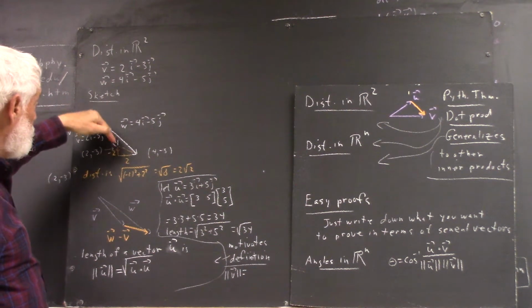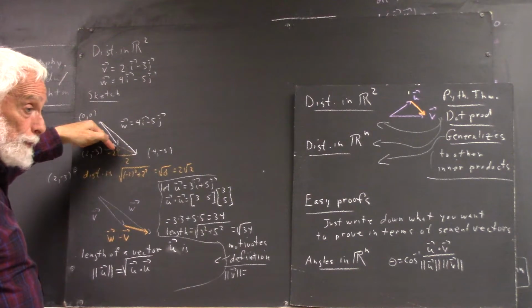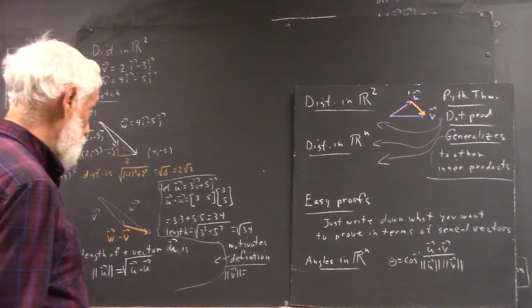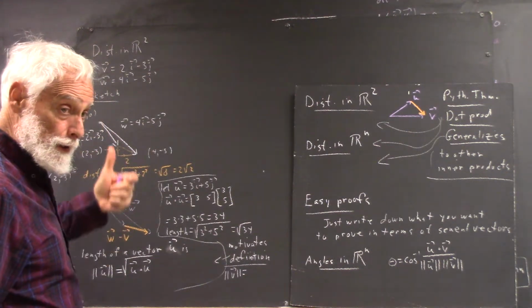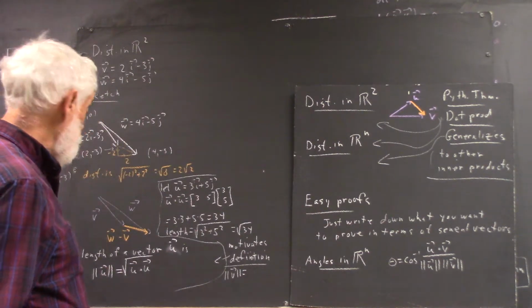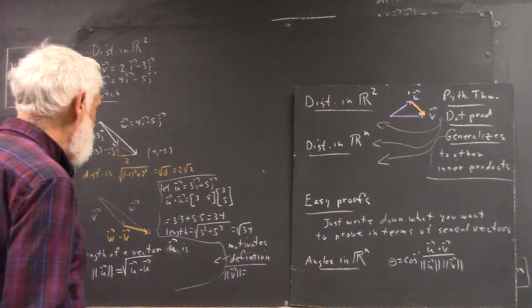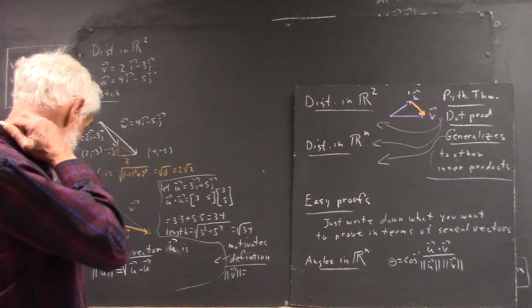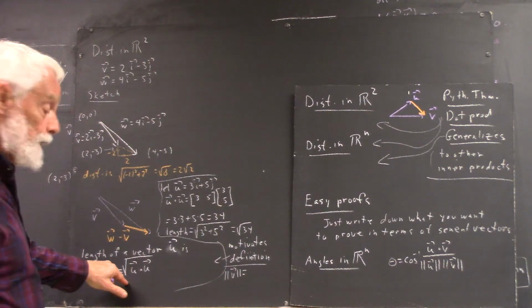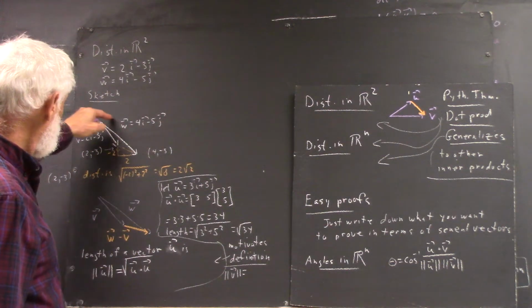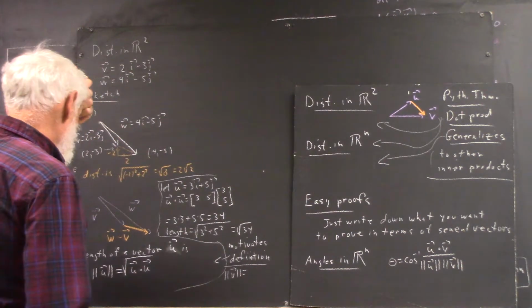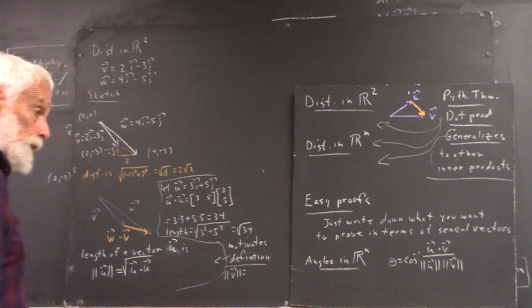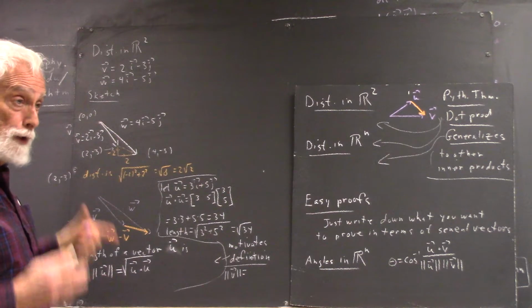So the legs would be 2 and 3, and the hypotenuse would be the square root of 2 squared plus 3 squared. Okay? And that's what? Square root of 13. Well, I'm going to use the definition. Now, just see if that agrees with what the Pythagorean theorem gives us here. Length, magnitude of v, using the definition. If you haven't written this out in terms of the definition, do it.